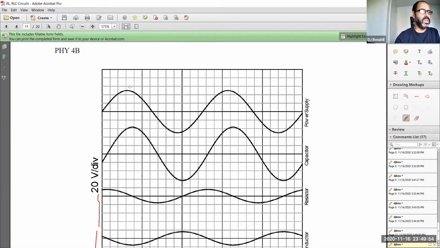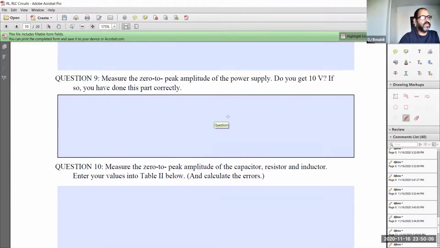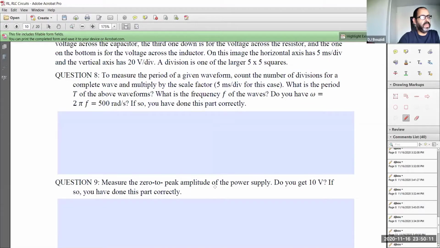And these are voltages. So you're going to go from peak to here and find how many volts that is. You're going to go from maximum to maximum, for example, and find the periods in here. So that's basically what the question is. 0 to peak and all of that to find the amplitude and so on and so forth, okay?